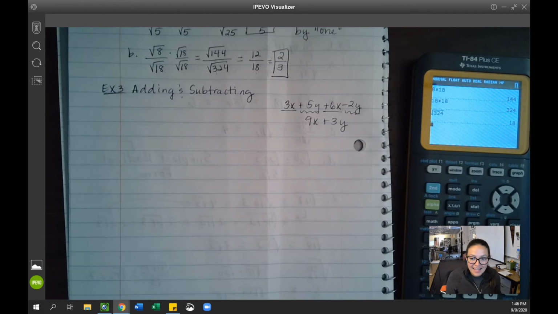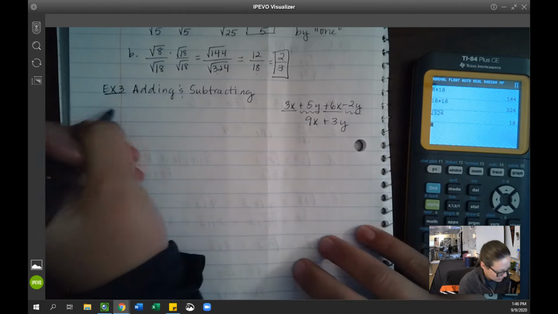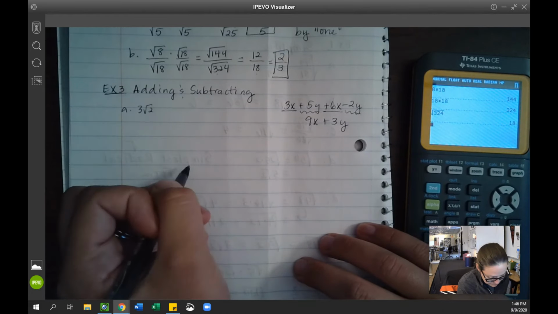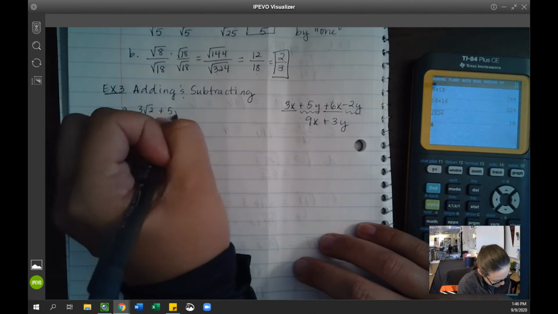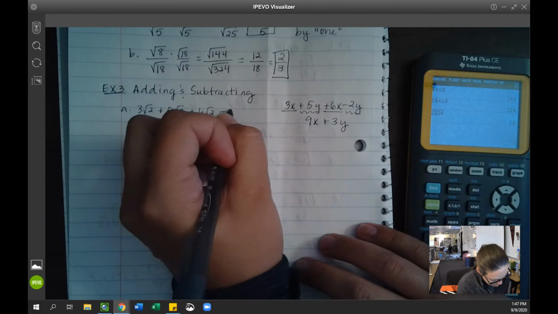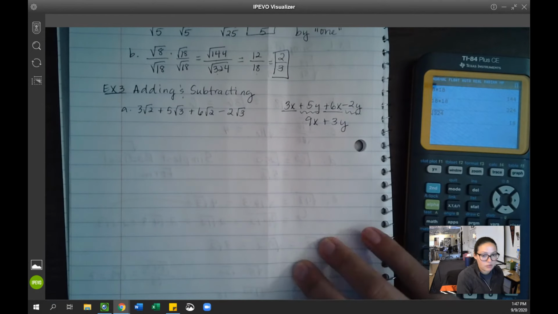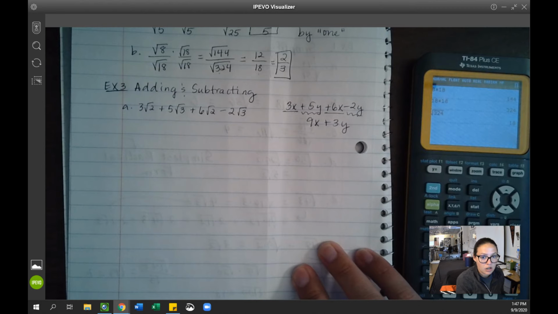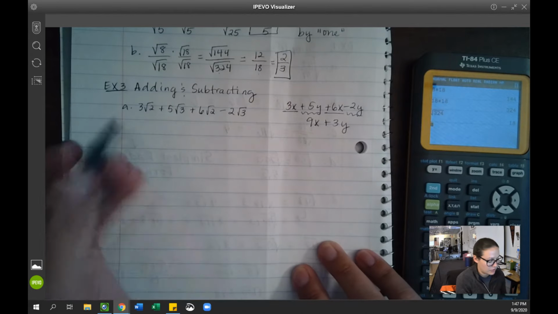Well, the same rule applies for radicals. So, part A, let's say I have 3 square roots of 2 plus 5 square roots of 3 plus 6 square roots of 2 minus 2 square roots of 3. So with this rule, I can only combine square roots that have the same number under the square root.